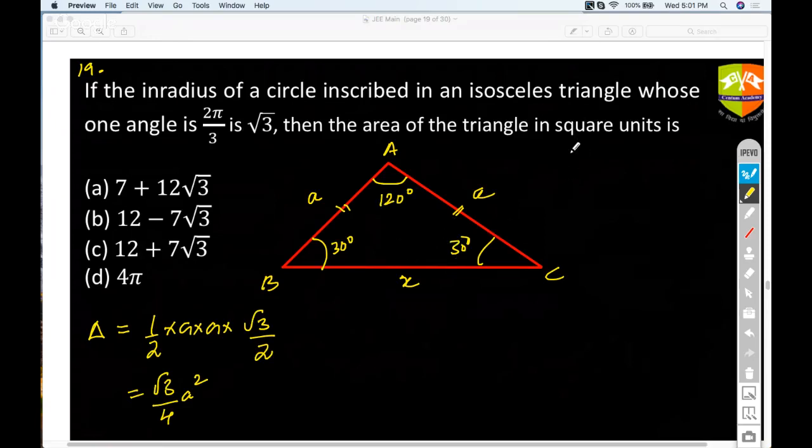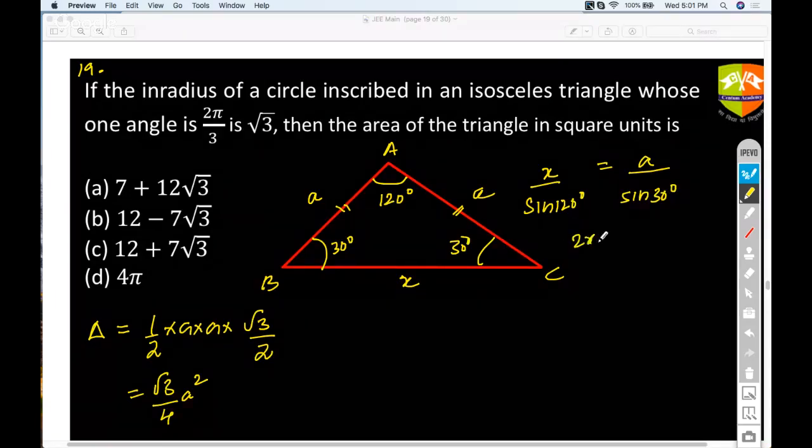So if you apply sine rule, I'll get X by sine 120 degree is equal to A by sine 30 degree. Right? That means 2x by root 3 is equal to 2a, which means x can be written as root 3a. Right?